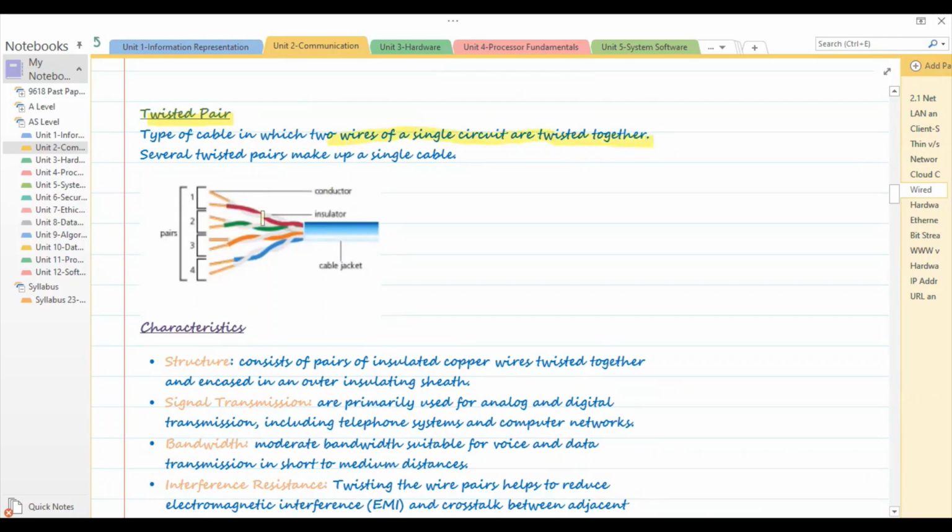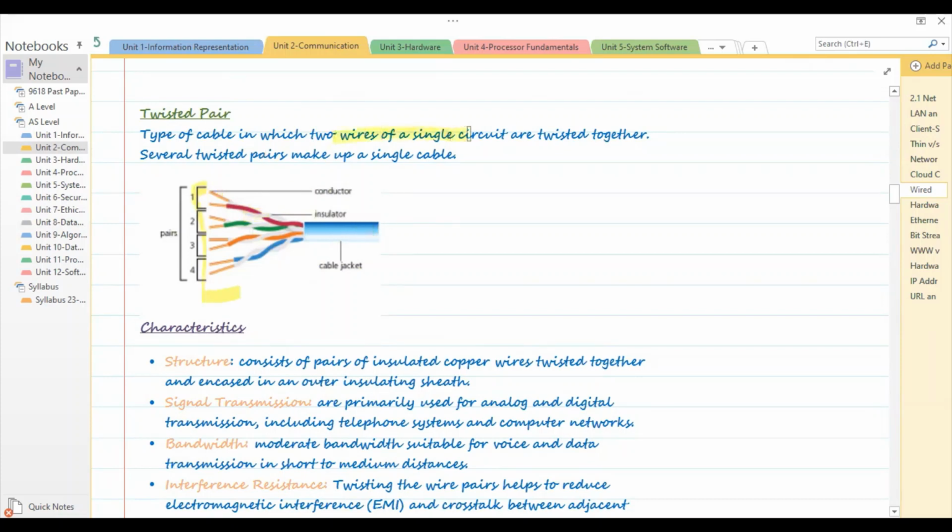So there are two wires which are twisted together, and several such wires are kept together in one cable jacket, right? So this is a conductor, this is the insulator wire, and this is the outer sheath, and there are several such pairs of twisted wires.